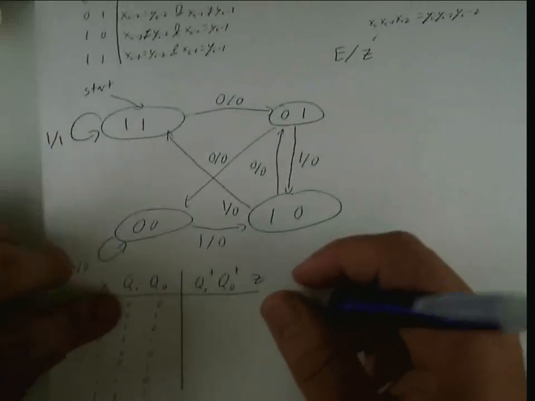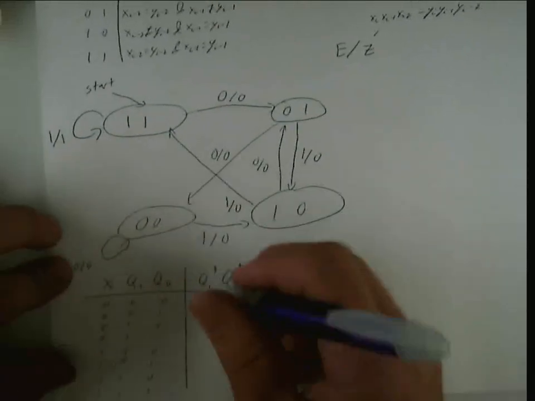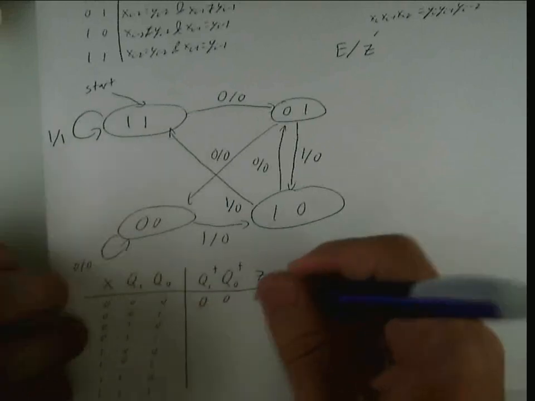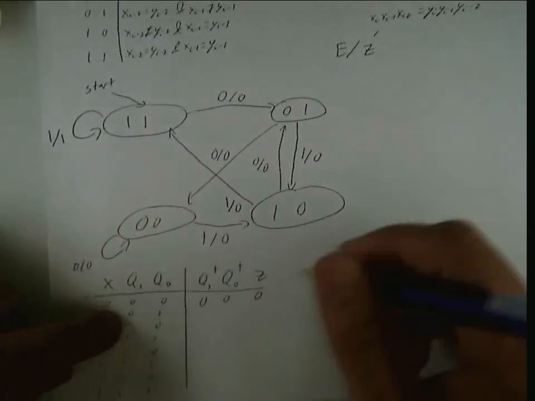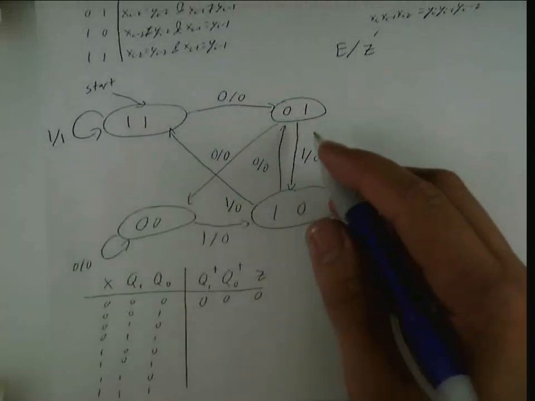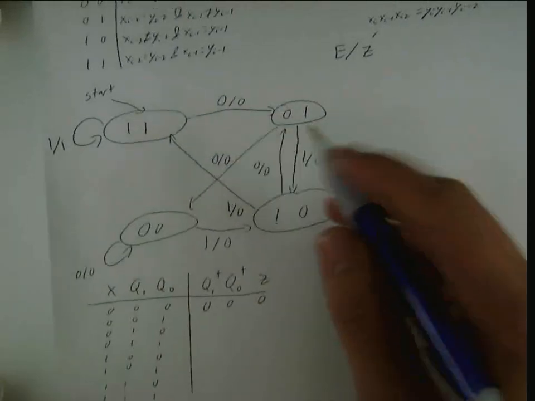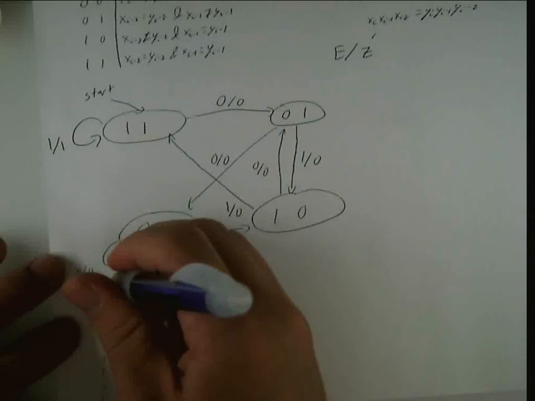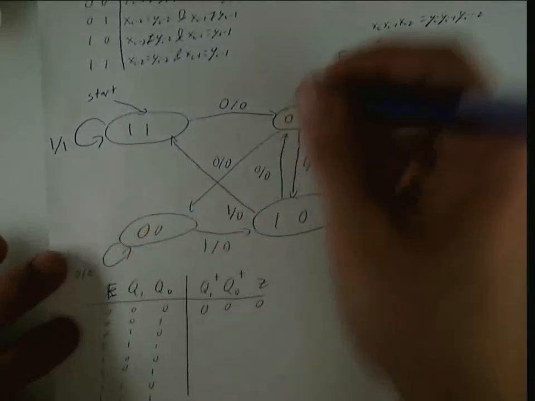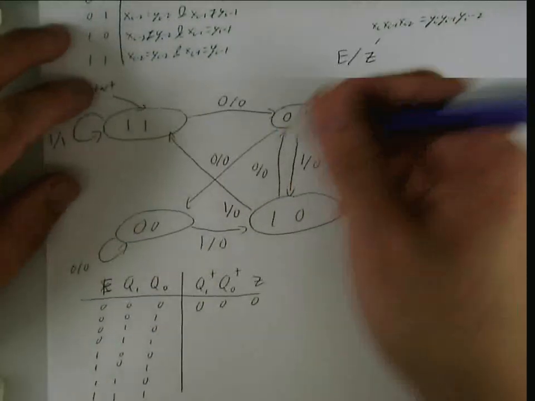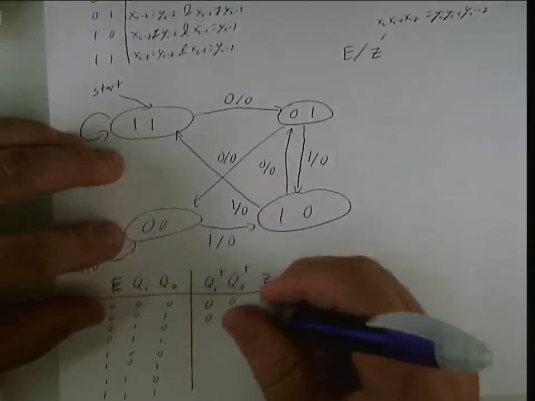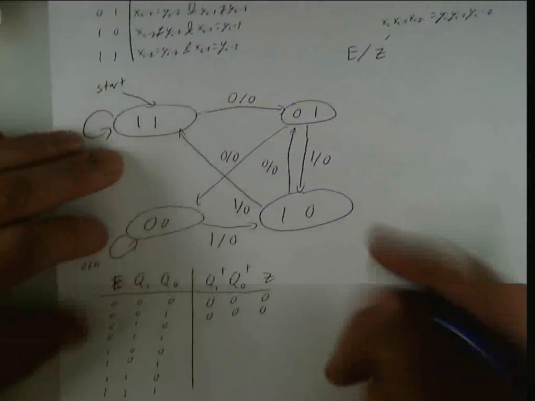So if we're in state 0, 0 and we get 0, we're going to stay in 0 and output 0. If we're in state 0, 1 and we get an input of, oh sorry, this should be X, this should be E. So if I get an input of 0 and 0, 1, I'm also going to go to 0, 0 and output a 0.